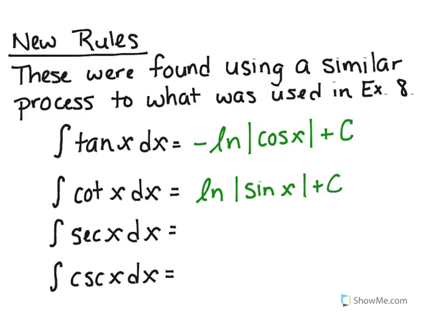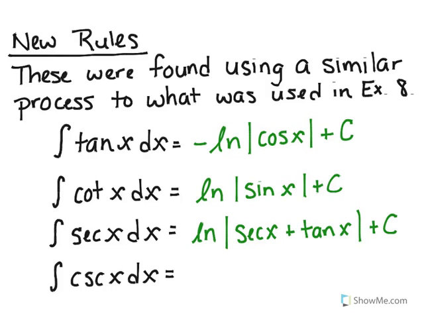All right. Secant is a funky one. This is one that you're definitely going to want to memorize and not going to want to try to derive on your own. So this is positive natural log of the absolute value of secant x plus tangent x plus c. Okay? So again, you're better off trying to memorize that than you are trying to derive it.